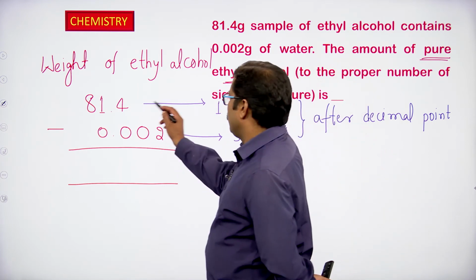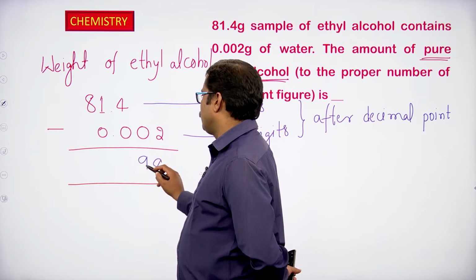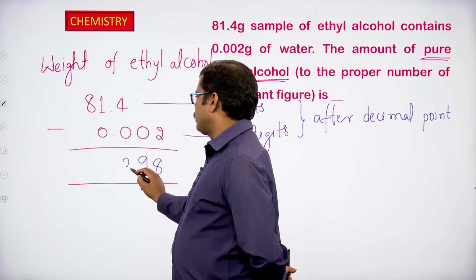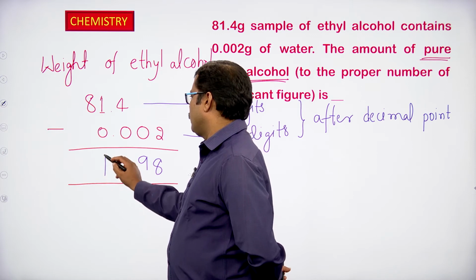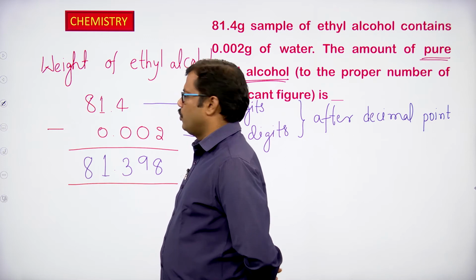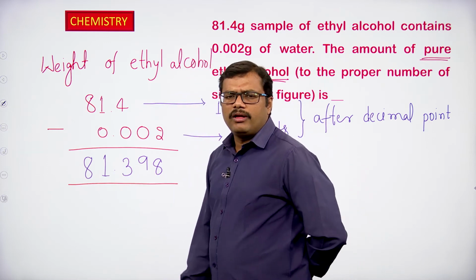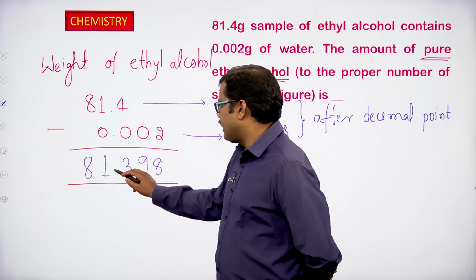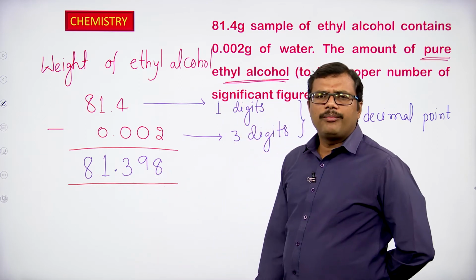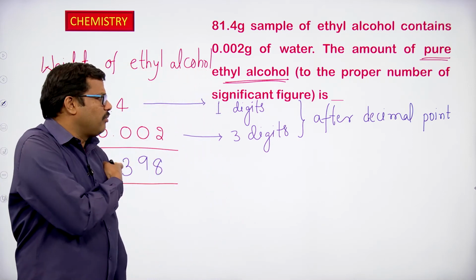Now it is 10 minus 2, it is 8, 9 minus 0, 9, 3 minus 0, 3, dot, 1 minus 0, 1, 8 minus 0, 8. So, the value that we are getting is 81.398. But what is our aim?